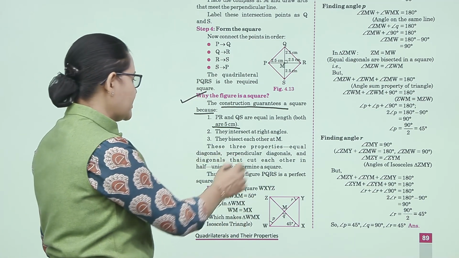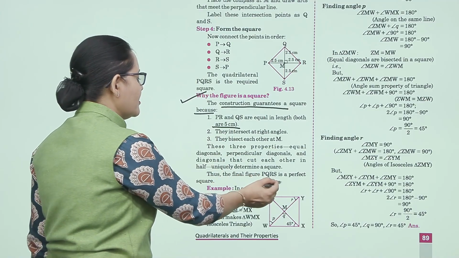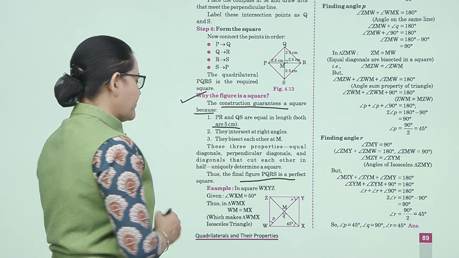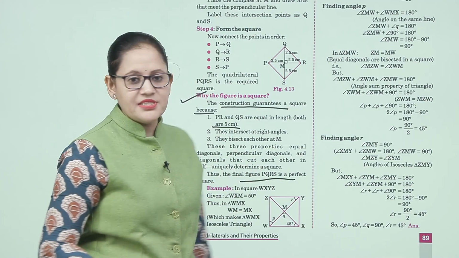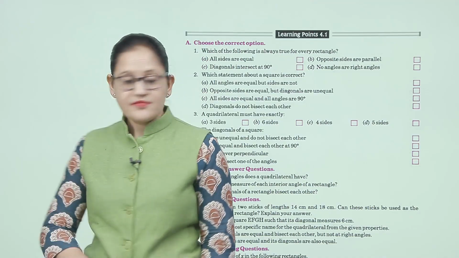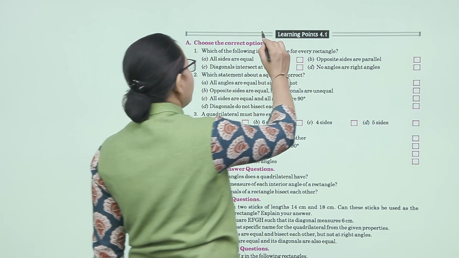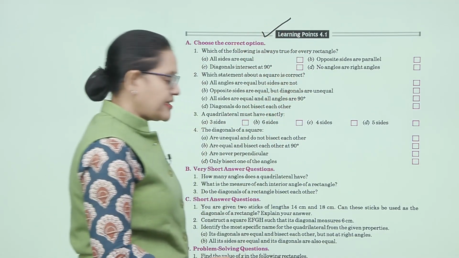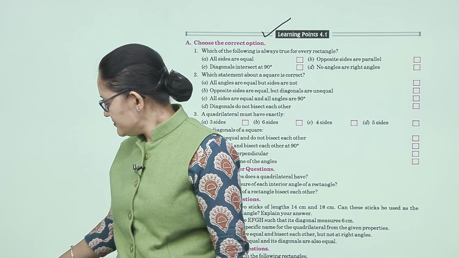Based on these properties, we can say this is a square. Thus the final figure PQRS is a perfect square. Practice all the examples given here. Next is learning point 4.1. Practice all the questions given here.